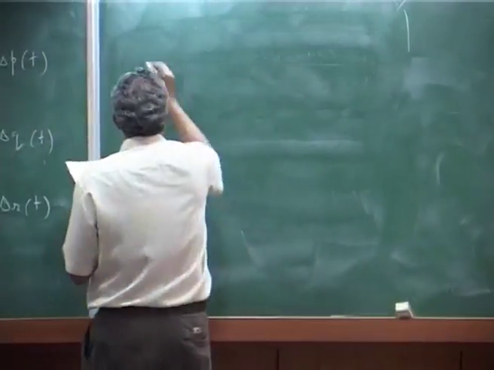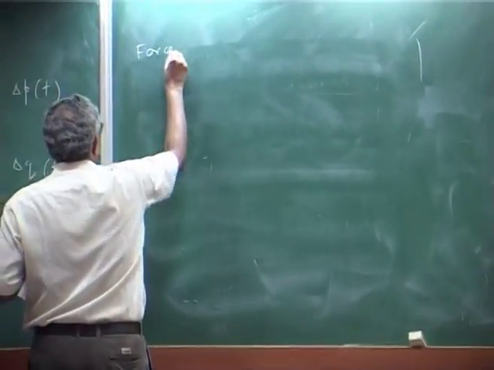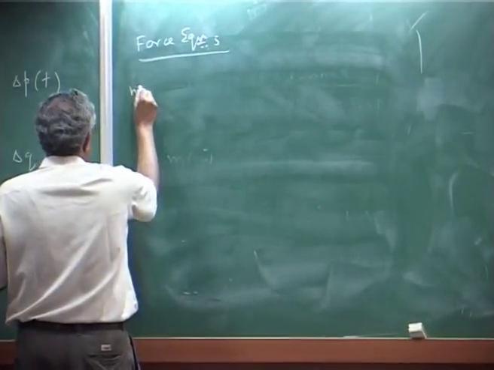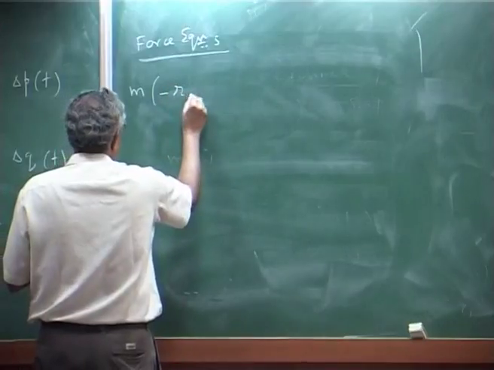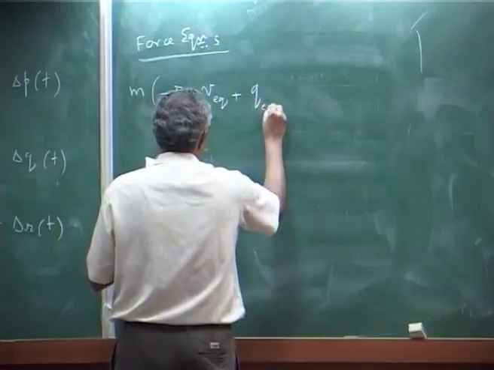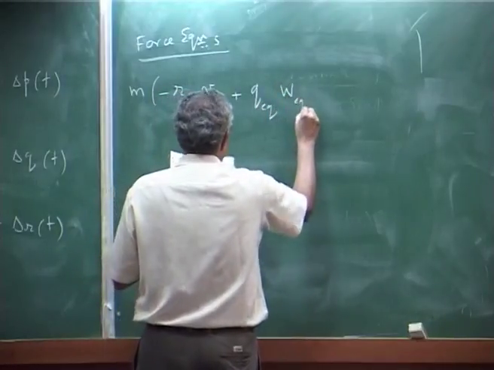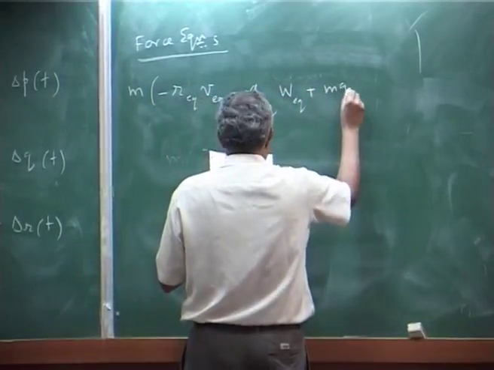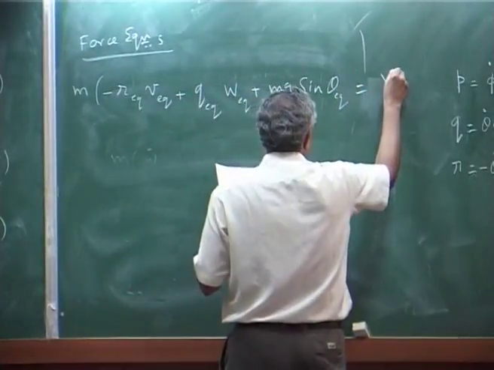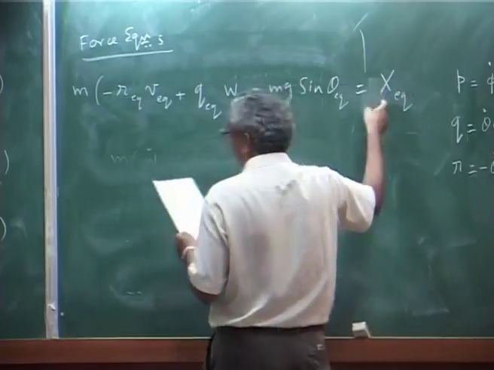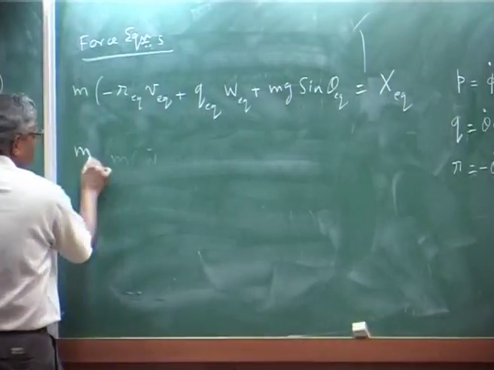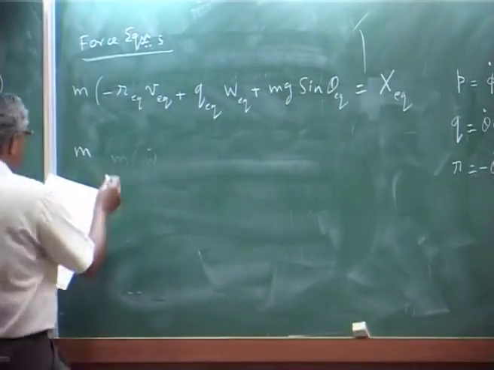This is the force equation: m times minus r equilibrium v equilibrium plus q equilibrium w equilibrium plus mg sin theta equilibrium is x equilibrium, that is the force along the x direction, the equilibrium force, that means the steady state force.